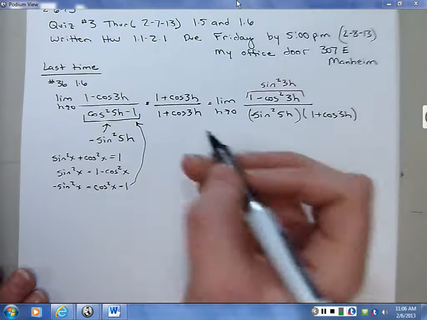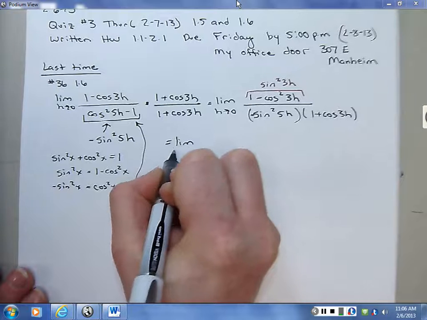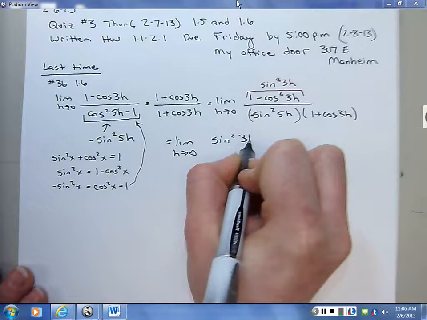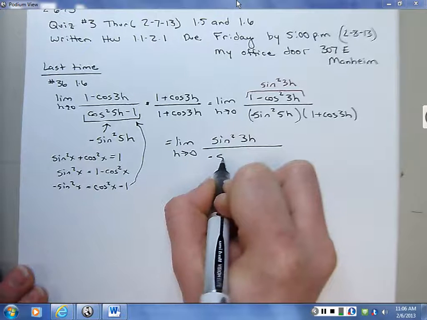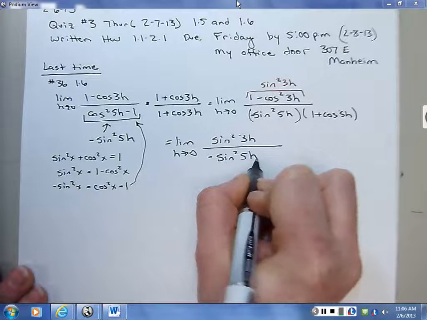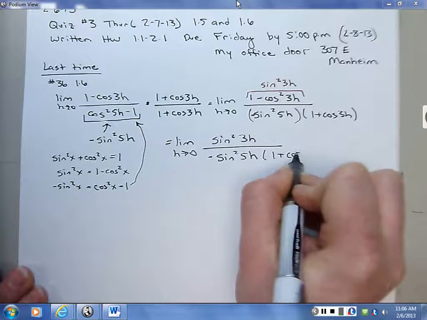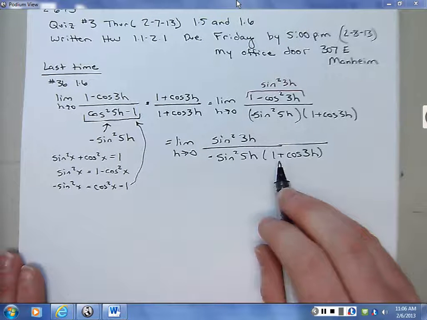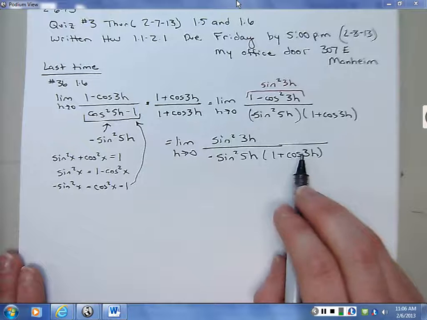Okay, so now rewriting this, I have the limit as h goes to 0 of sine squared of 3h over minus sine squared of 5h times 1 plus cosine of 3h. Just kind of testing myself here when I plug in 0. Cosine 0 is 1, so 1 plus 1, I don't have any issues.